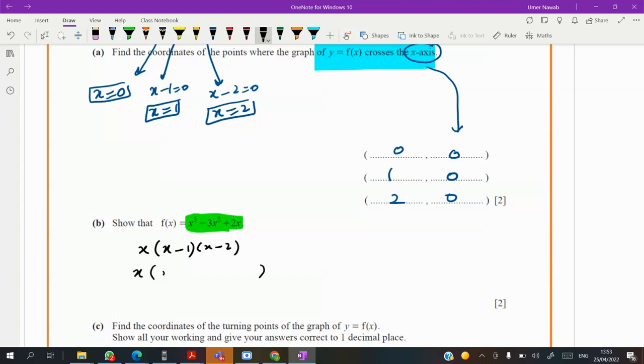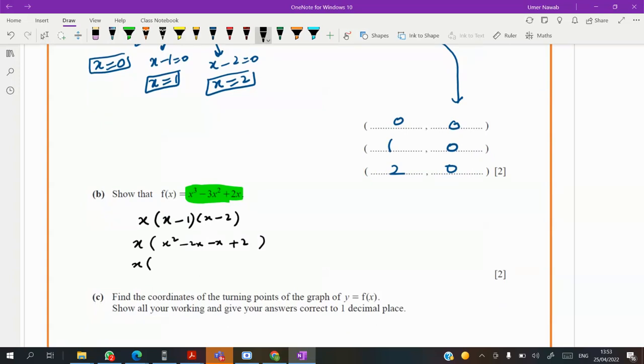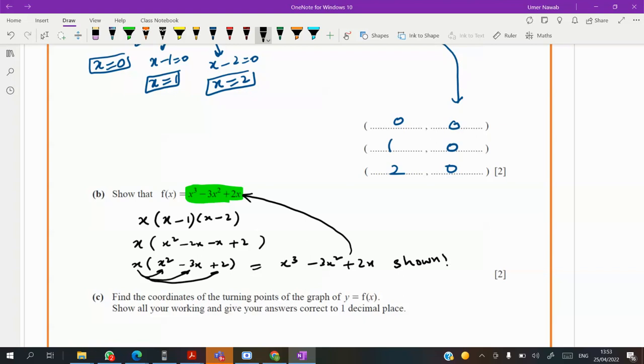So x times x is x squared minus 2x minus x and plus 2. Further simplify the bracket, so x squared minus 3x plus 2. Now multiply x inside, so x to the power 3 minus 3x squared plus 2x. Is it the same thing which we wanted to get? Yes, it's shown. We found it.